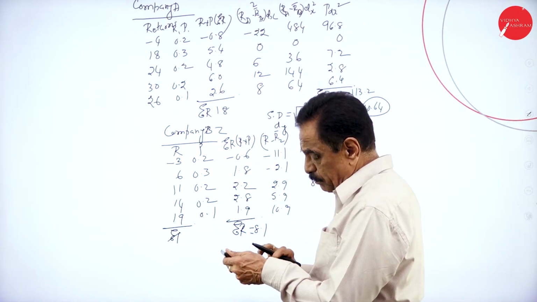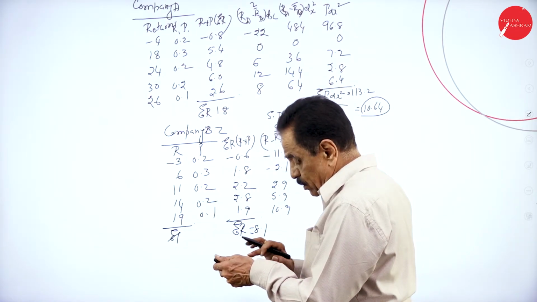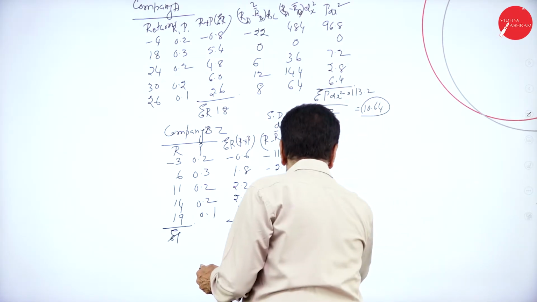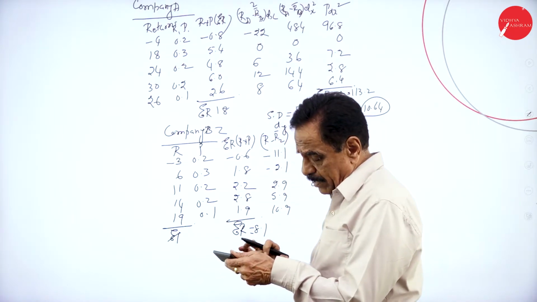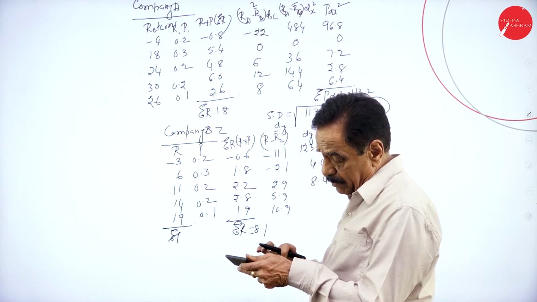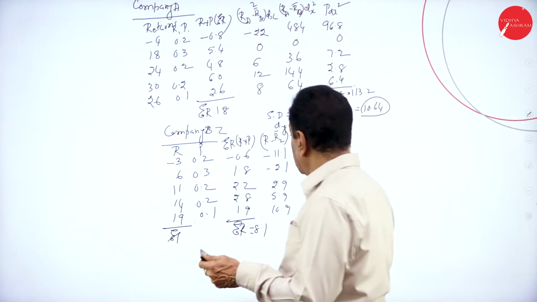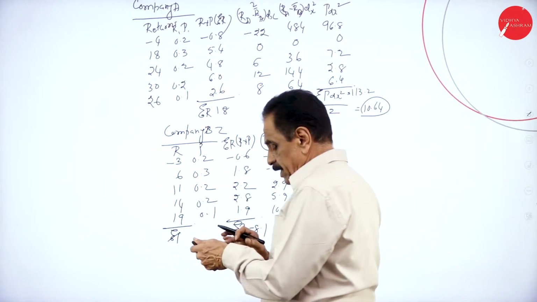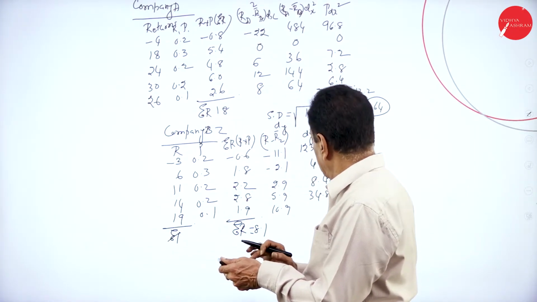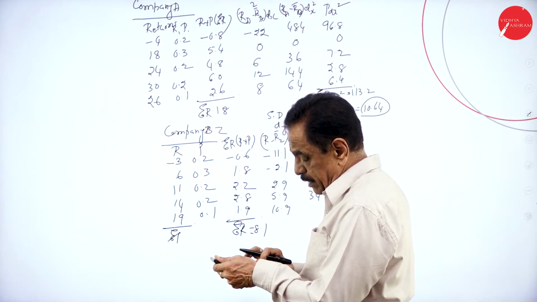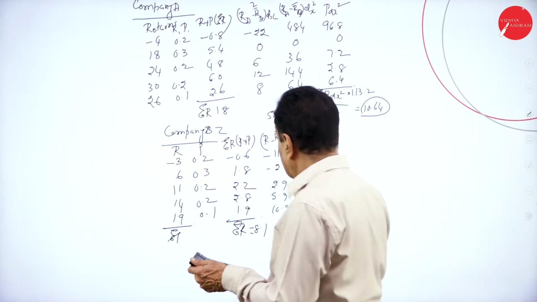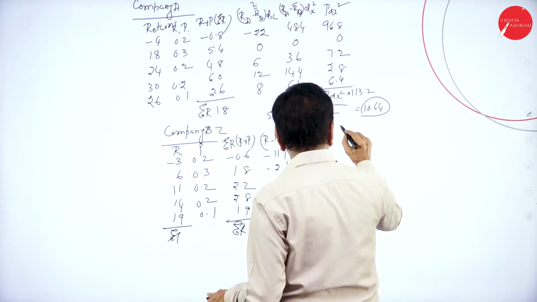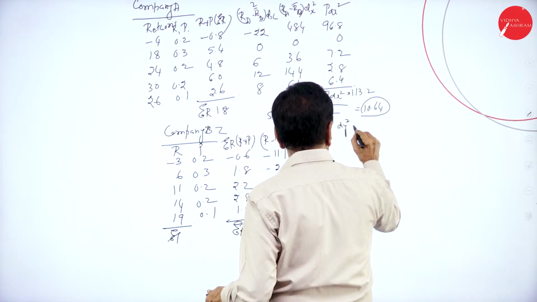Repeat, 2.9 into 2.9, 8.41. 5.9 into 5.9, 34.81. 10.9 into 10.9, 118.81, multiplied by probability, dy square into p.